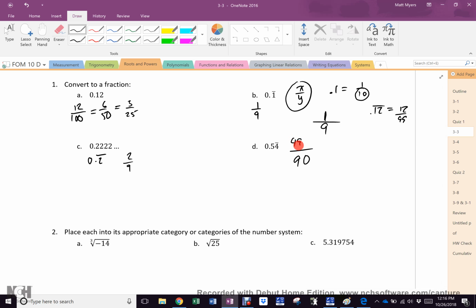If something happens all the time in math, there must be a shortcut, yes? There has to be a shortcut because you guys have spent your last 11 years learning math shortcuts instead of math, yes? 7 times 9.